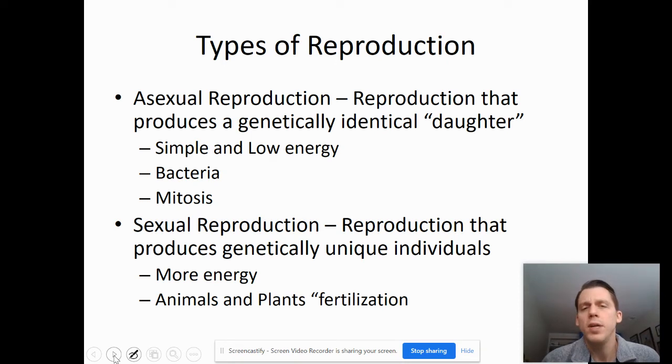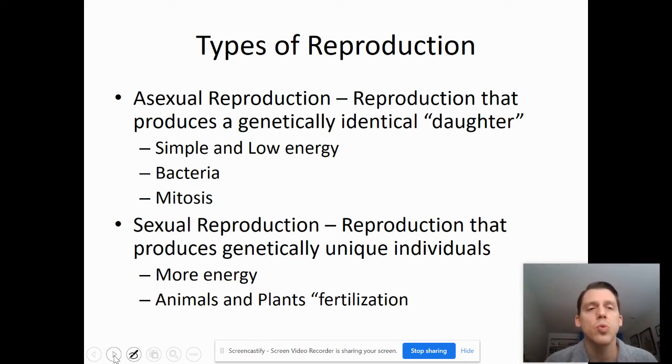So we've already gone over an example of asexual reproduction, mitosis. Mitosis produces a clone, right? And therefore, mitosis is asexual reproduction.